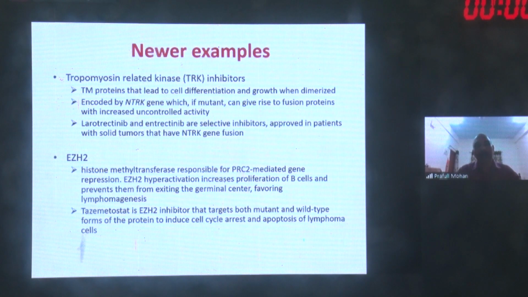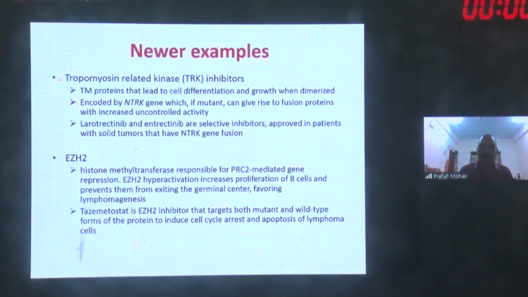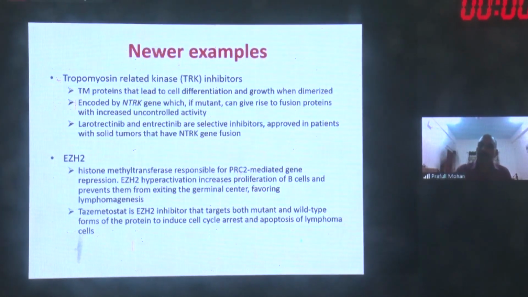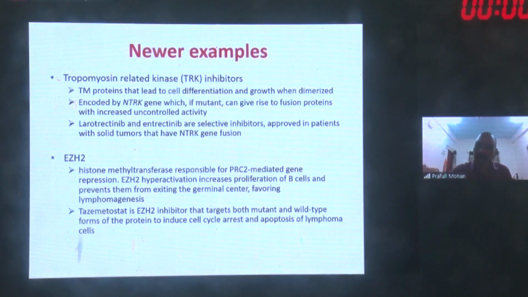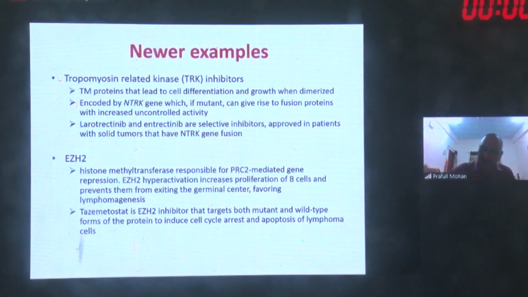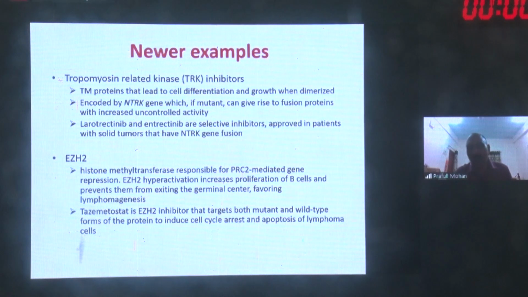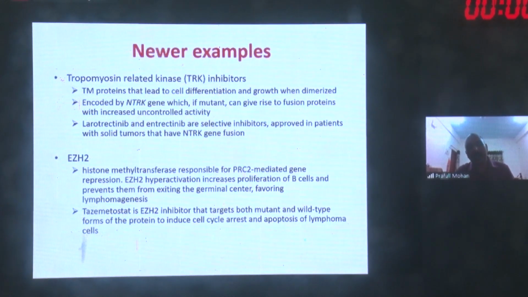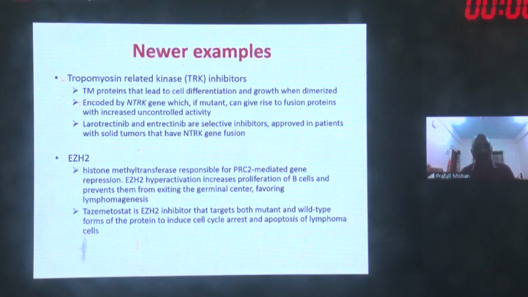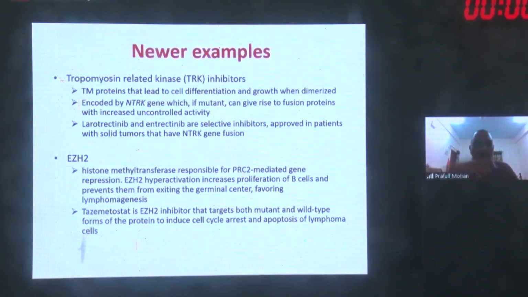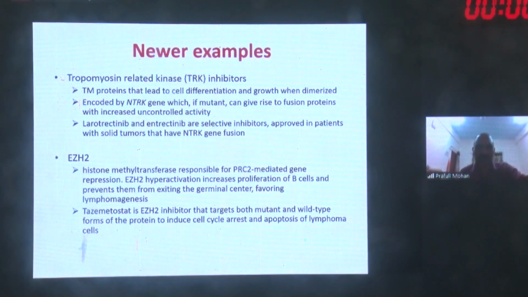They can lead to cell differentiation and growth without any external stimulus. So again, you have a gene, you have a mutation which gives rise to an abnormal protein, and you block that abnormal protein by small molecules, larotrectinib and entrectinib, and that affords clinical benefit to patients. A very newer thing. I think, if I'm not wrong, it got approved in 2017 or 2018.